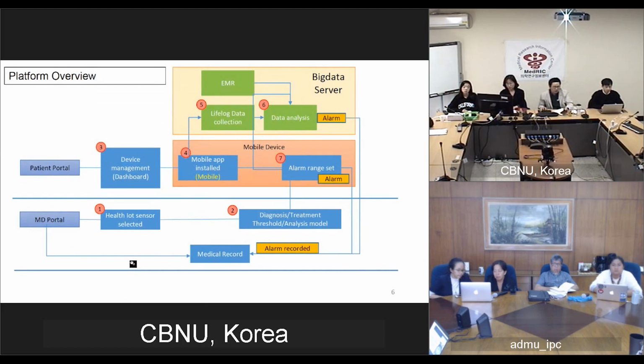Okay, so this slide is the platform overview for the cardiac rehabilitation use case. You see on the left side the MD portal for the physicians and the patient portal for the patients.